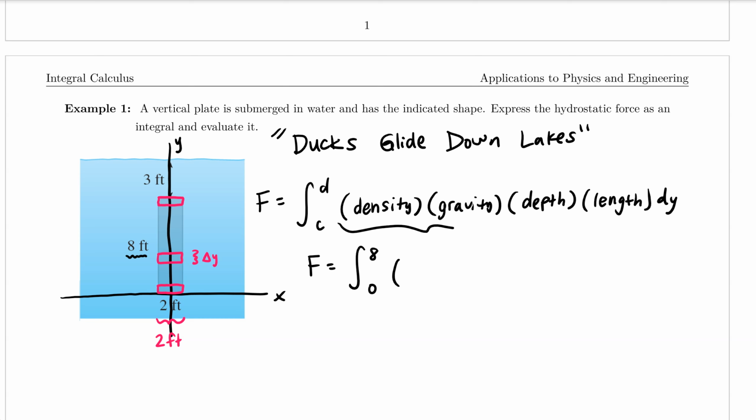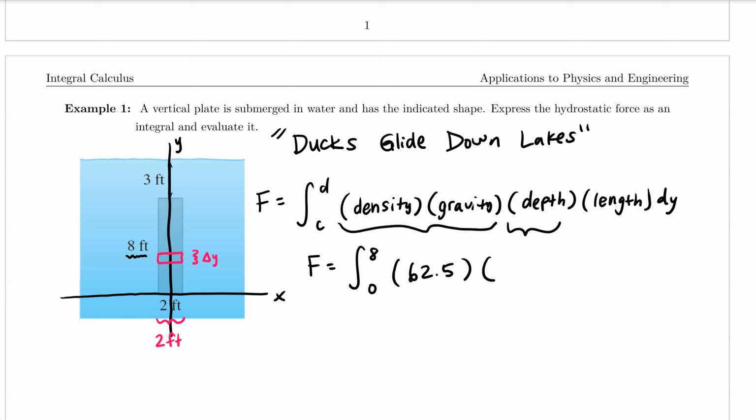So our density times gravity is going to be the weight density of water, 62.5, which combines those two numbers.